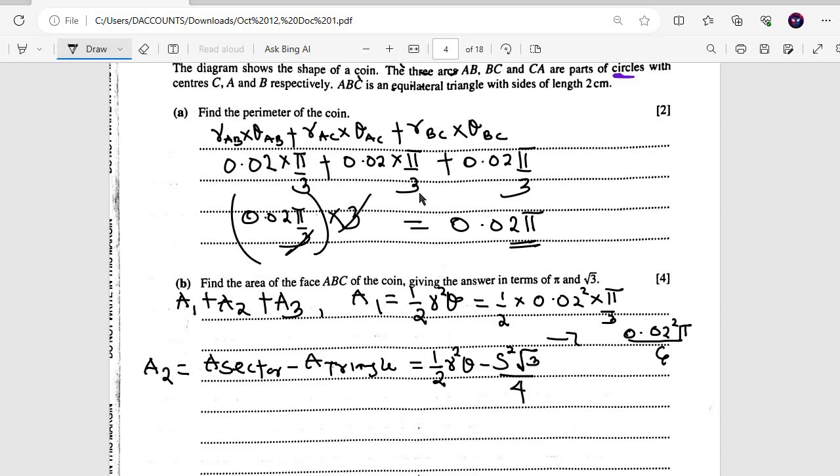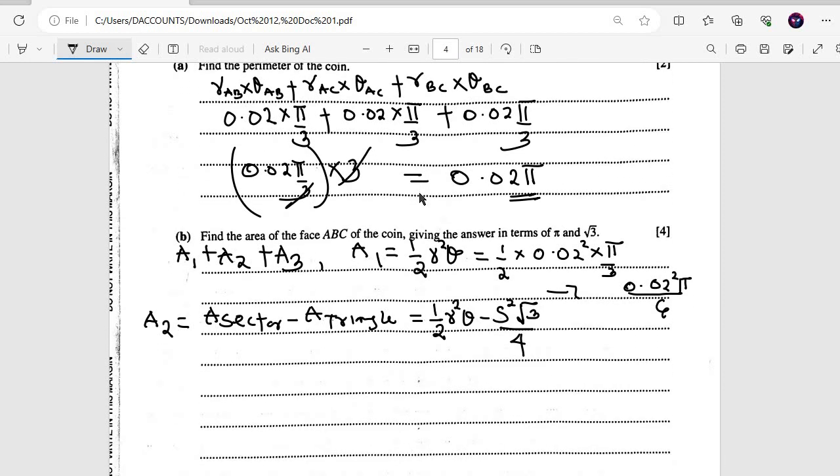So let's calculate. The sector, like you know, the radius is 0.02. Remember that A2 is a segment, A3 is a segment, they are the same thing. So that will be 2 multiplied by half 0.02 squared, the angle pi over 3, since 60 is 180 over 3.